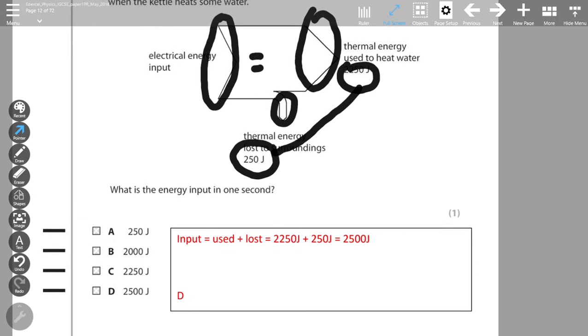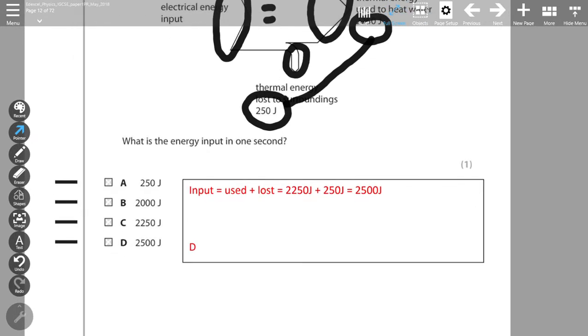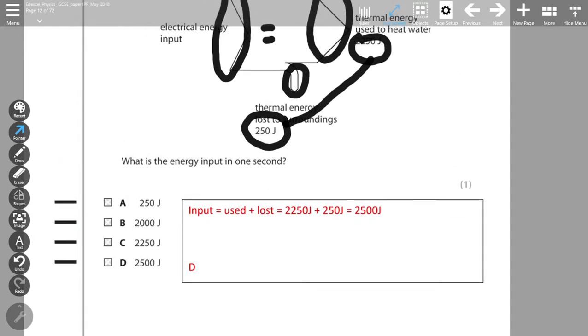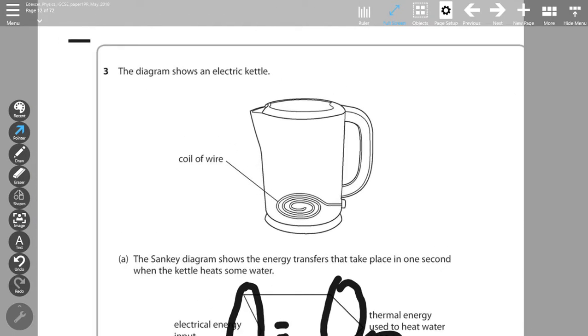What is the energy output? So we add these two values. So the input will be the useful and the lost energy, added, which gives us 2500. This is answer D. Do we have more questions? No more questions. So this was question 3.